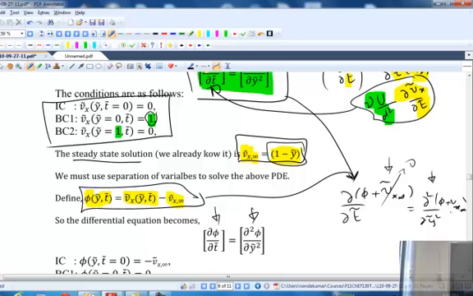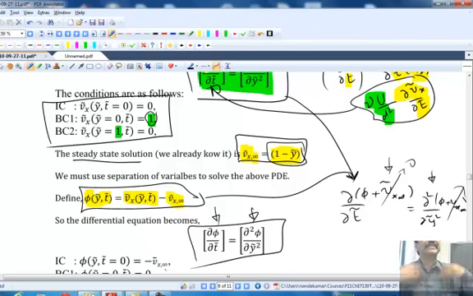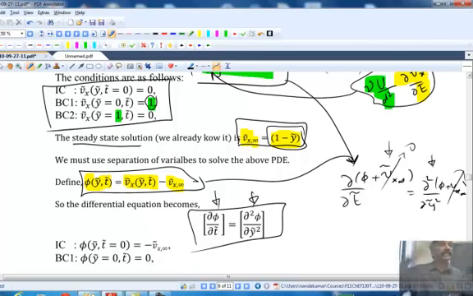So that term also drops out. So we get a new equation for the new variable phi which should go to 0 as t goes to infinity. So we converted the problem of solving the velocity profile to one of solving the difference in velocity from the steady state profile.